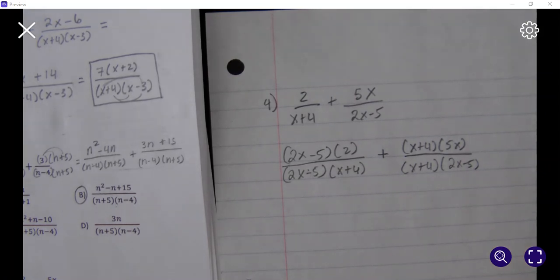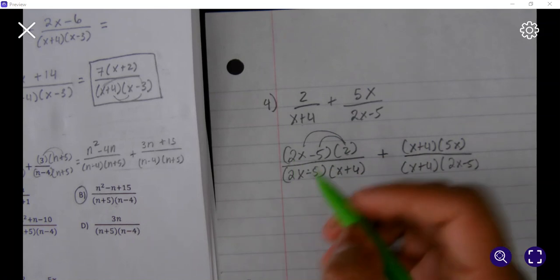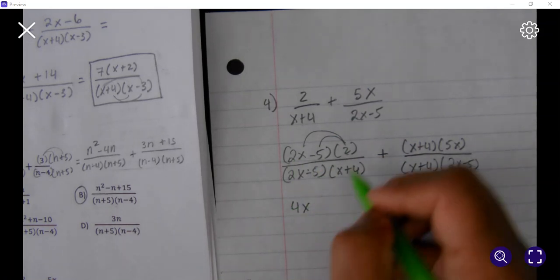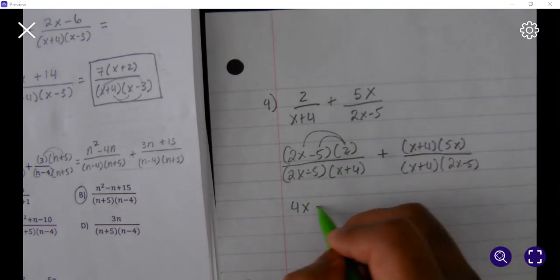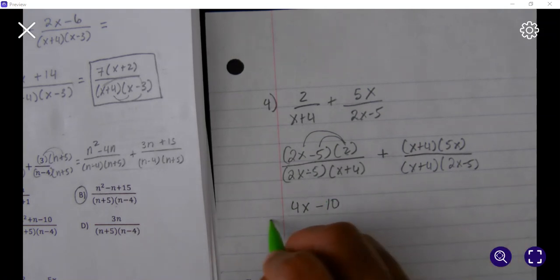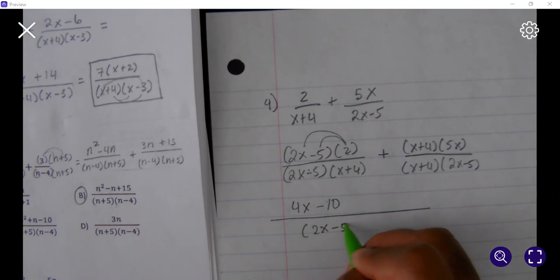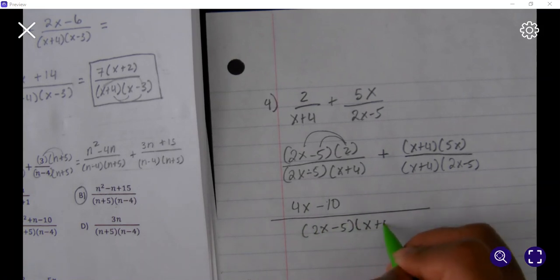Alright, now I'm going to distribute. So you have 2 times 2x is 4x. 2 times negative 5 is negative 10. And then my denominator is just the common denominator, so let me bring that down.